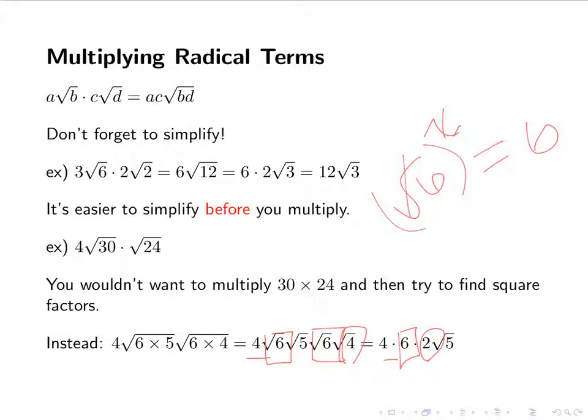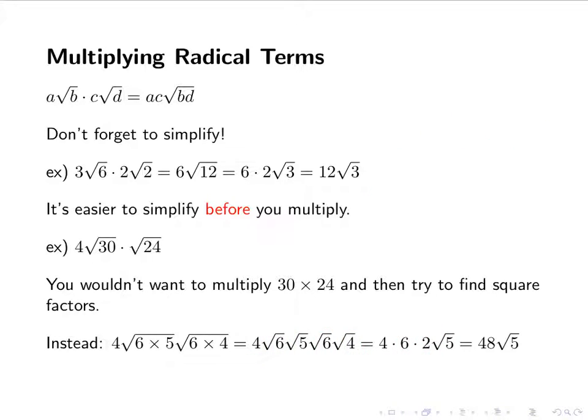So if I notice that inside the square roots they have a GCF, a greatest common factor, I can pull it out. And a root 6 times a root 6 is a 6. Now I just have to multiply everything that's left over. So 4 times 6 times 2 is 48, and the only thing inside the square root that I still have is the 5.